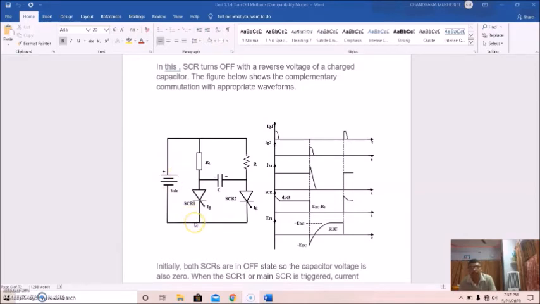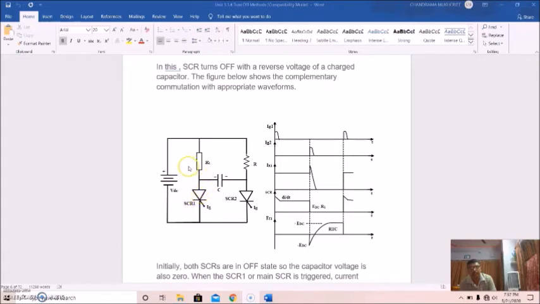Now at mode 3, the triggering pulse is applied at thyristor 2, which is the complementary thyristor, and it turns on and starts conducting.